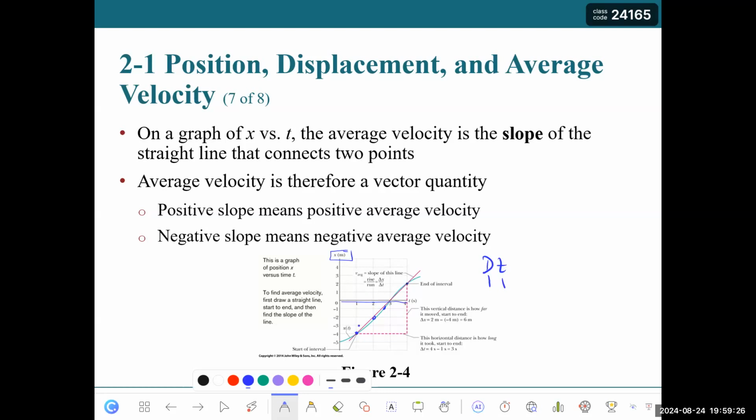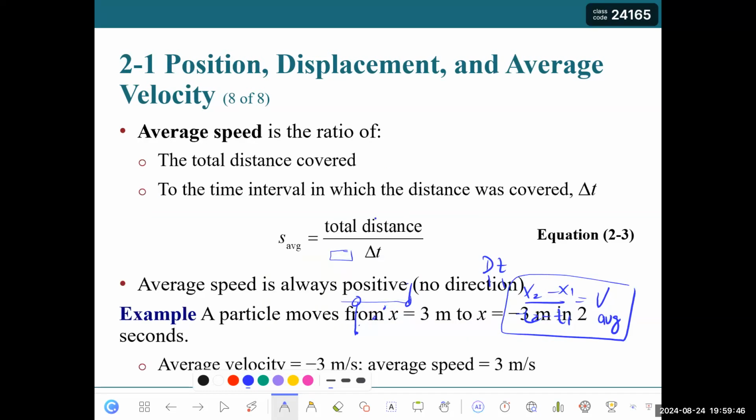And if you take two points and divide by the time, you take x from here and x from here, and say x2 minus x1 divided by t2 minus t1. That's going to give you average velocity. Same thing.